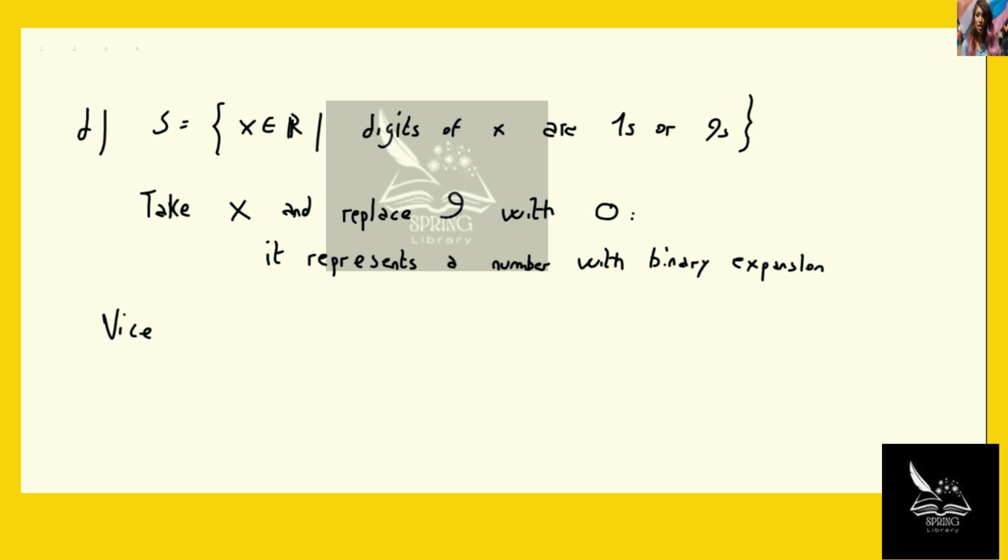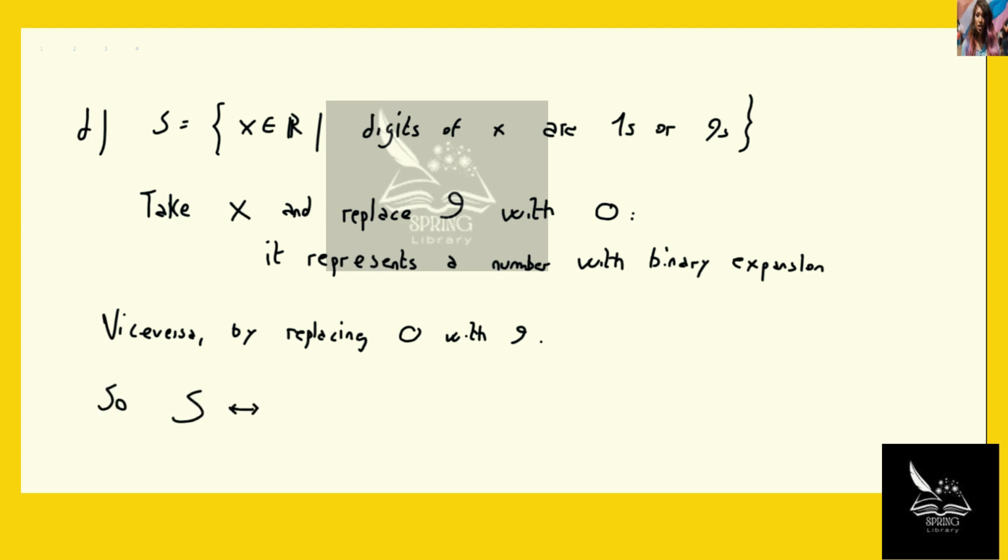Vice versa, if we take a number with a binary expansion, we can replace all the zeros with nines, and we obtain an element of S. But now we can write every real number with a binary expansion. There's nothing special about the decimal expansion.